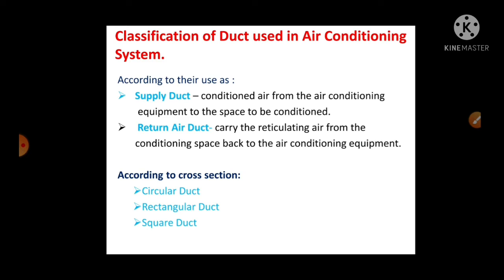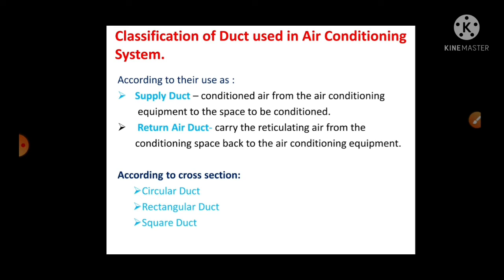Now we can see the classification of duct used in air conditioning system. According to their use, the ducts are classified into two types: supply duct and return duct. Conditioned air from the air conditioning equipment to the space is carried through supply duct.